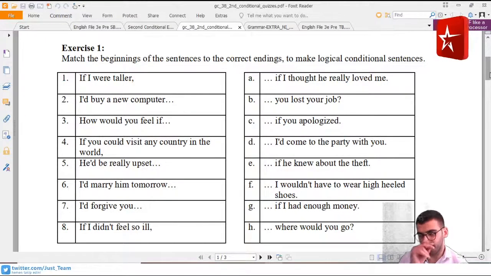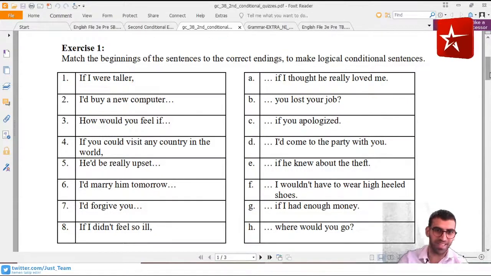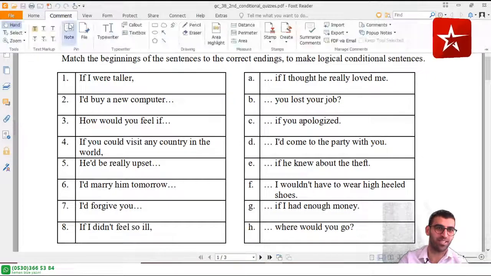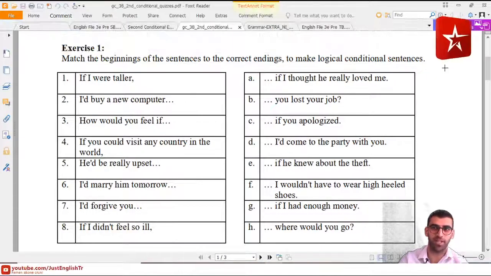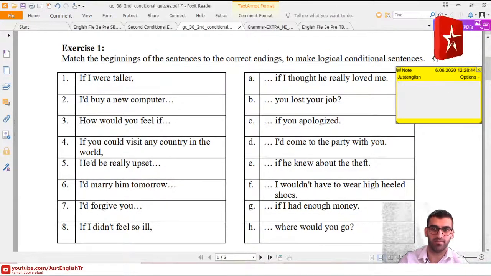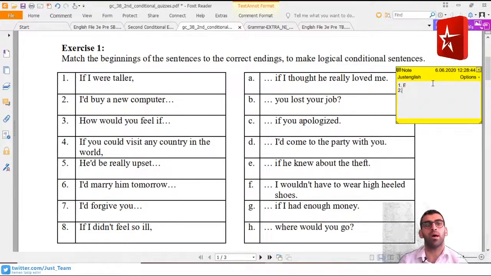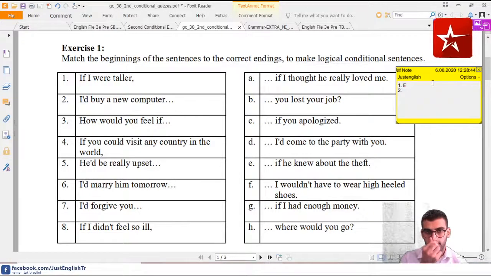Yes, it is for women. Number 1 is F. That is the correct answer because they wear high heels. What about number 2, guys? Number 2, I would buy a new computer.